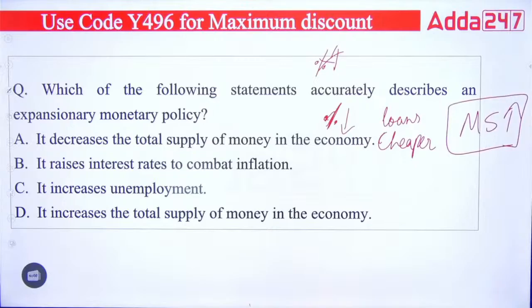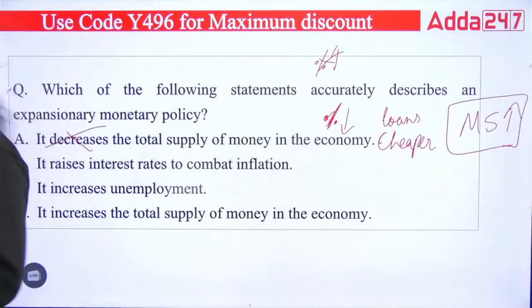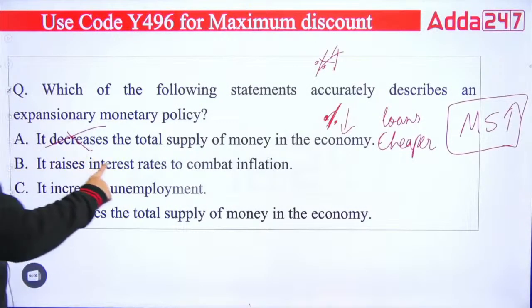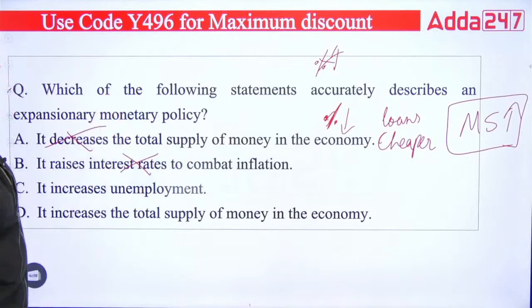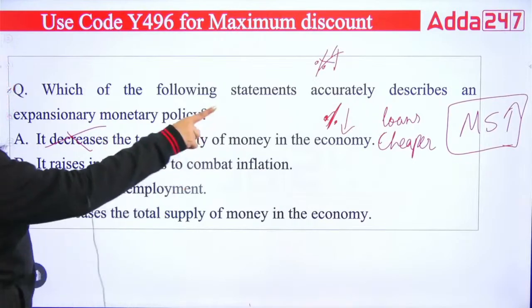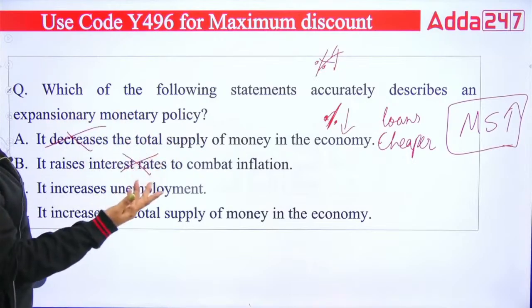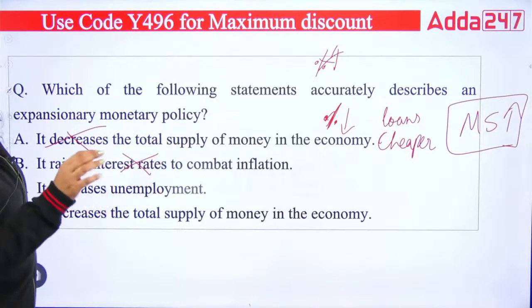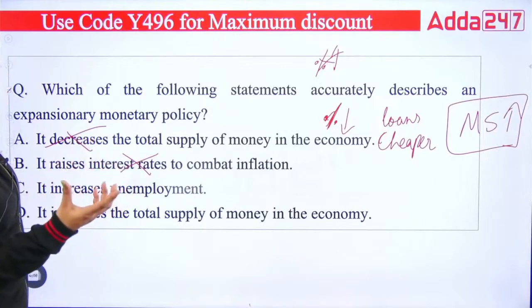So the first is saying it decreases the total money supply. No, it is increasing the money supply. First cannot be correct. Second is saying it raises interest rate. No, in the expansionary monetary policy, interest rate will be decreased. Third, it will increase unemployment. No, if the money is more with the public, they will demand more goods and services. And if they are demanding more goods and services, there will be more demand from the public, then the production has to be increased.